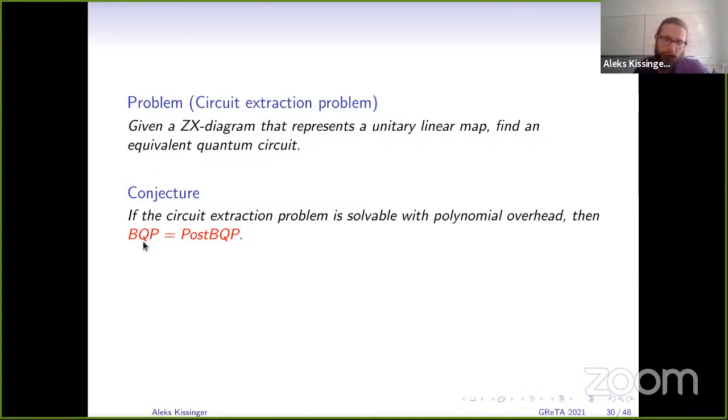Basically that these two complexity classes collapse into each other, which is very unlikely to be true, I would say. So this PostBQP is actually the same size as PSPACE. It's a very massive class, whereas these are the things that you can do efficiently on a quantum computer.